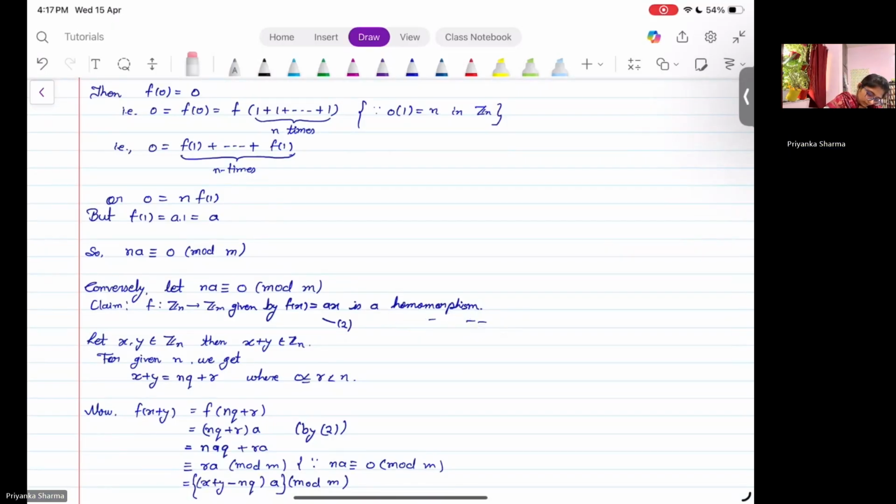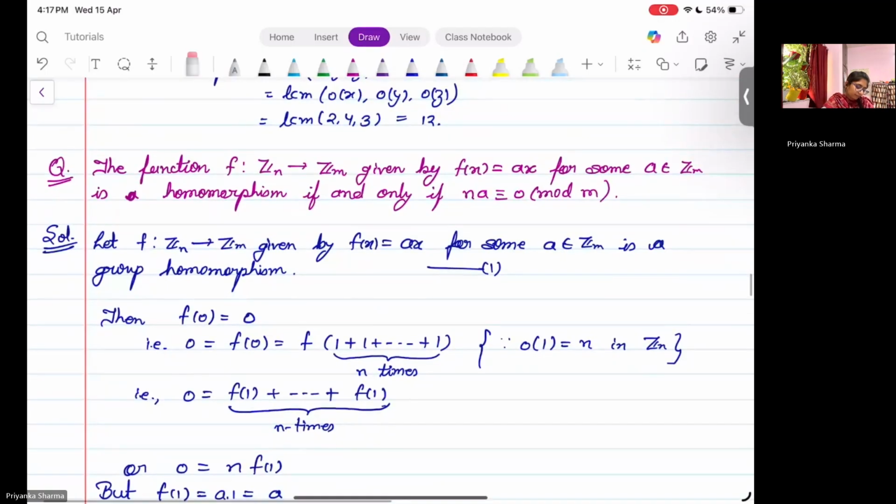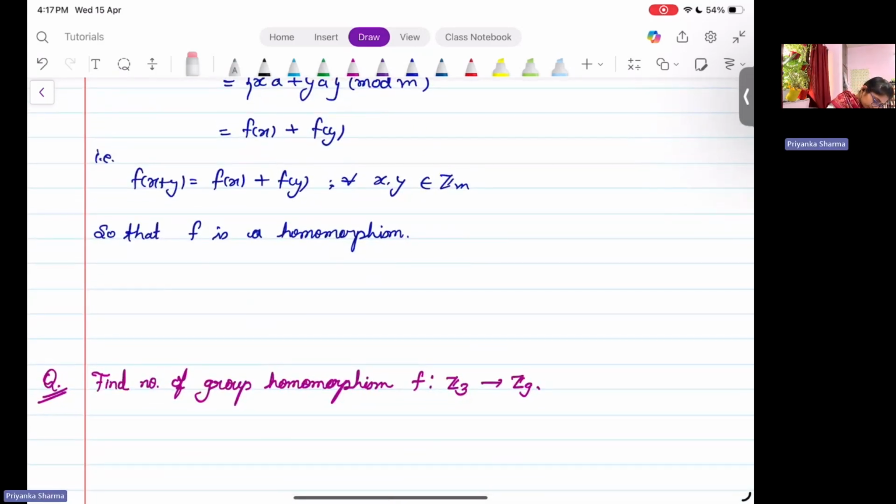So it means a function from Zn to Zm, which is given by f of x is ax, will be a homomorphism if we have this condition, that is, na is congruent to 0 mod m. Now, what does this congruency mean? Let me write it as a remark.